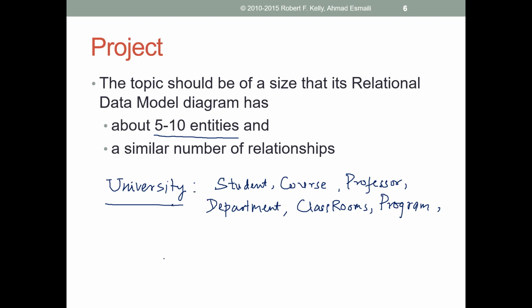In the past I have this experience that the students came up with a very interesting project, which was kind of inspired by the data that they already had. But the problem was that from the data that they had, it was very difficult to come up with the entities. The data was pretty rich, but it was just about one entity. So please avoid those situations.